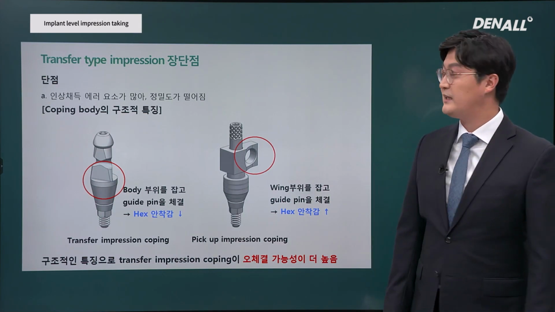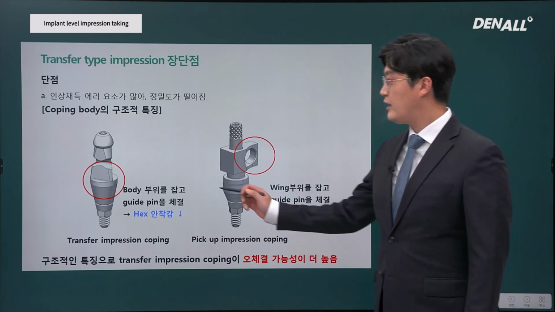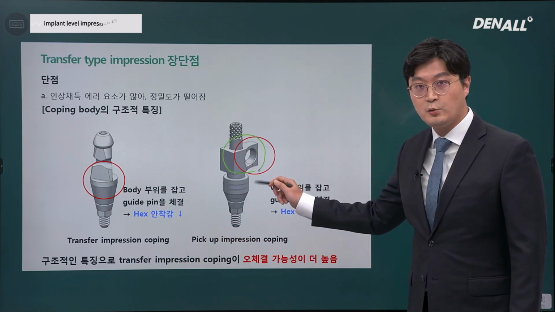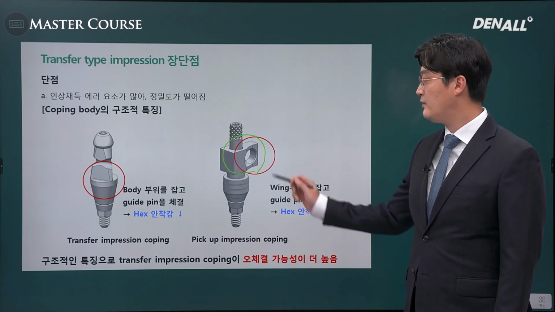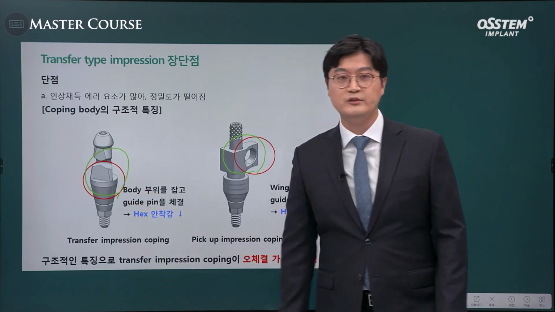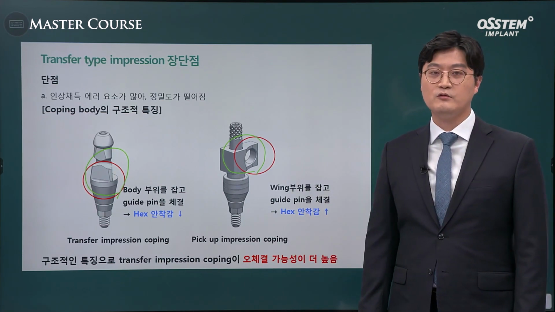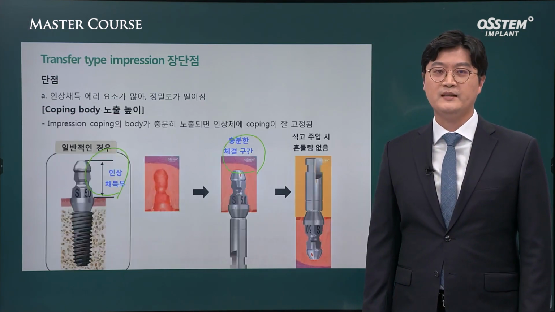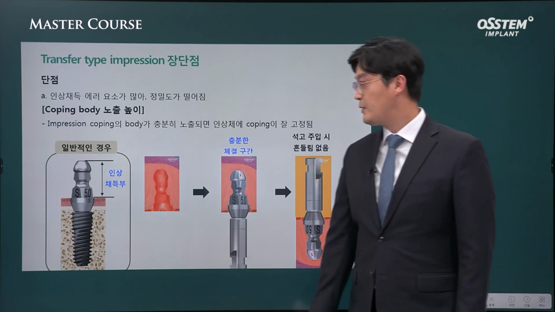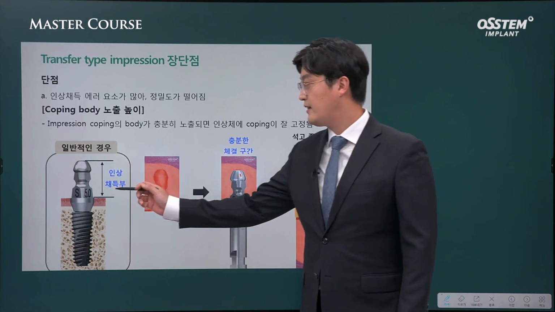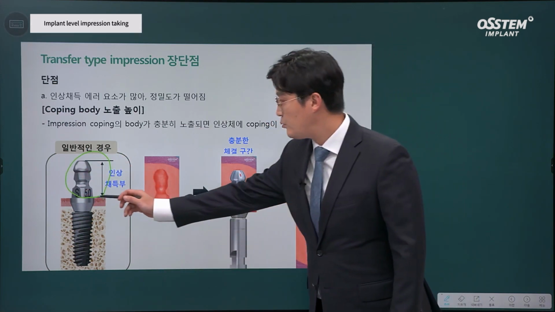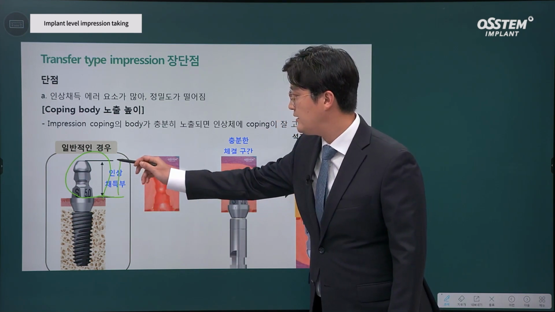Disadvantage of transfer type: in the mouth, when the impression coping is connected, the pickup type has this part which can be held by hand. The transfer type has no such part where you can hold it, so it is not easy to connect it in the mouth. The second disadvantage: unlike the pickup type, this part should be removed from the mouth and inserted in the impression.